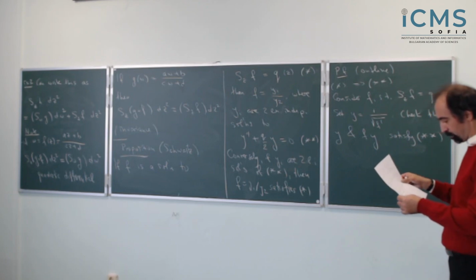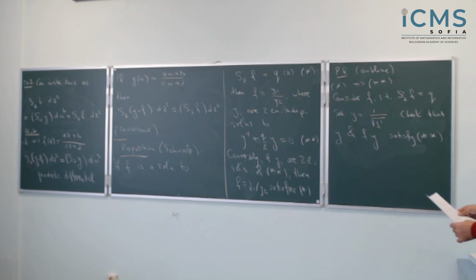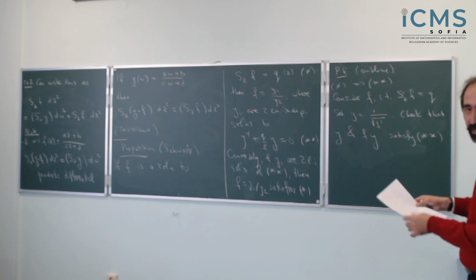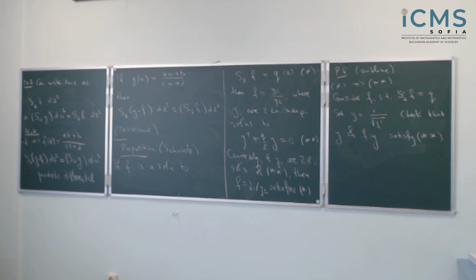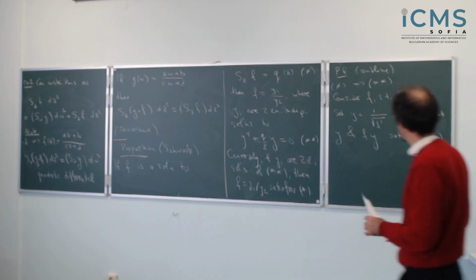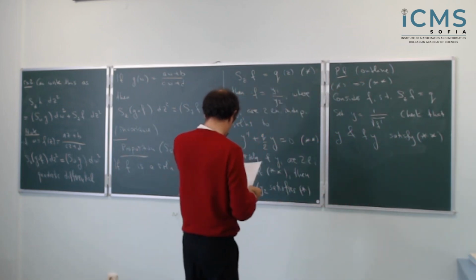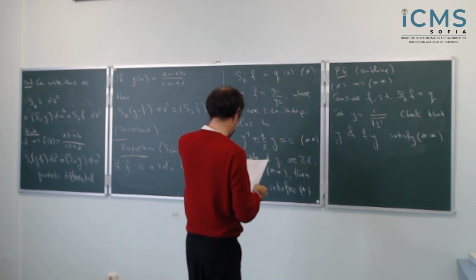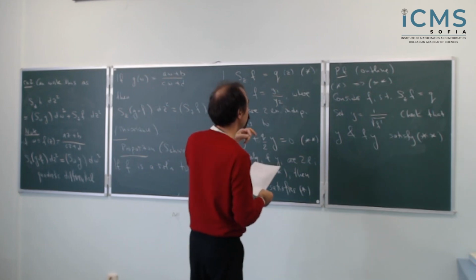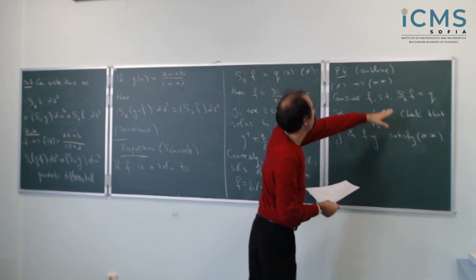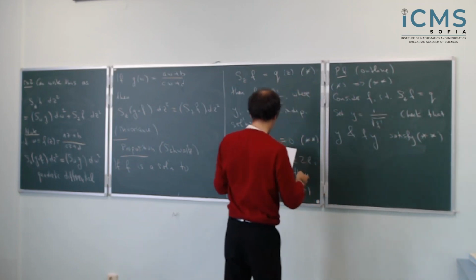I think for most of you, this is enough. But I was promising to try to be somewhat pedagogical. So what do we know? We know that the Schwarzian derivative of f is q.